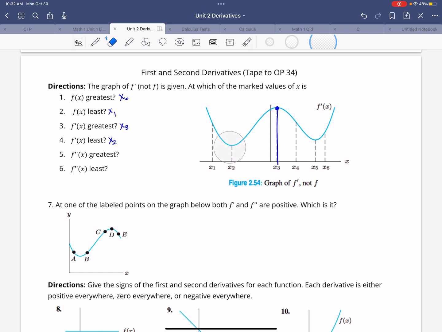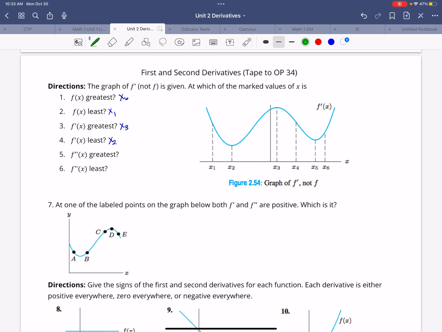So now let's interpret the second derivative. The second derivative is going to be the slope of the first derivative. So the way that I interpret the second derivative is by looking at all of these tangent lines on the curve. So where is the second derivative the greatest? That's going to be at the x value that has the steepest positive slope.